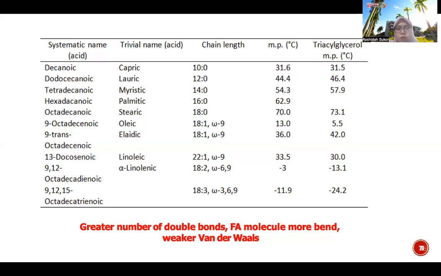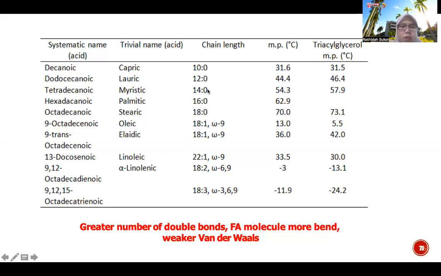You have to know the difference between all these bonds. We have hydrophobic interaction, we have ionic bonds, and lastly we have the covalent bond. But in this fatty acid chain, the longer the carbon number, the more the fatty acid molecule tends to be bent because of the weaker van der Waals bond between the molecules. Okay.